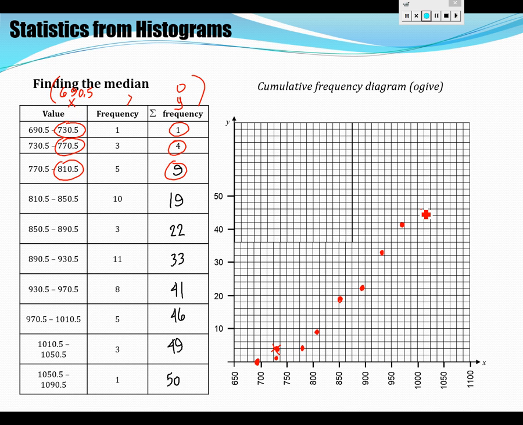Upper class limits, yeah. 1050, 49. 1050. And then 1090.